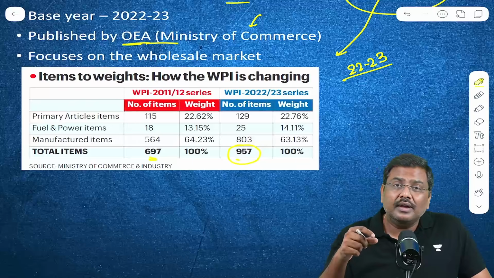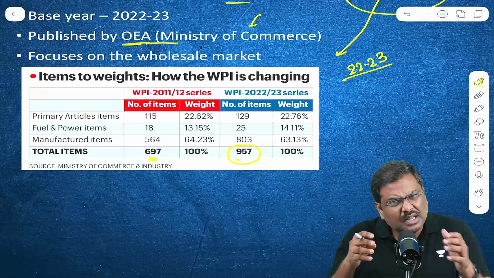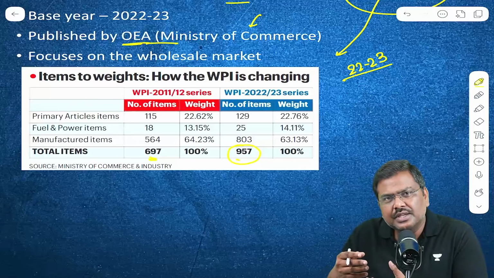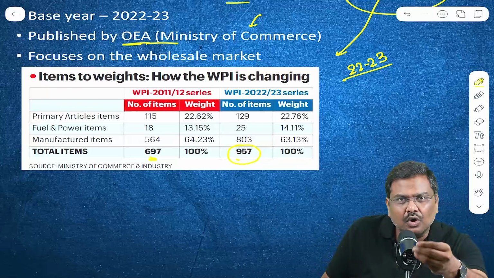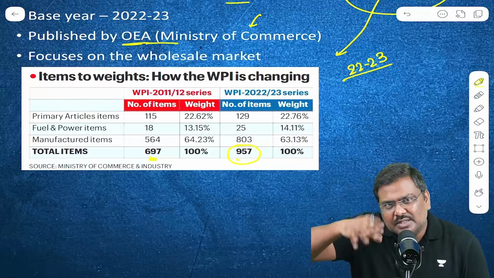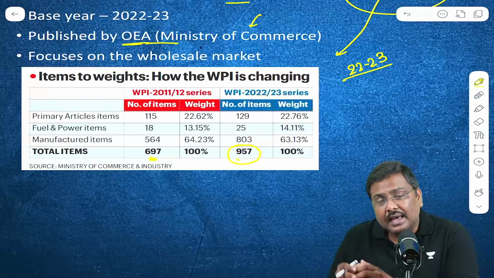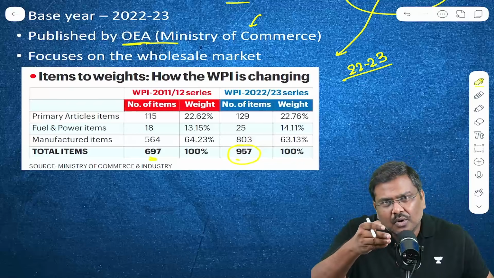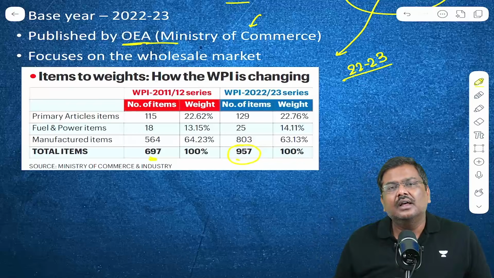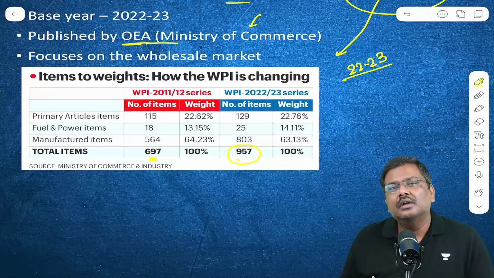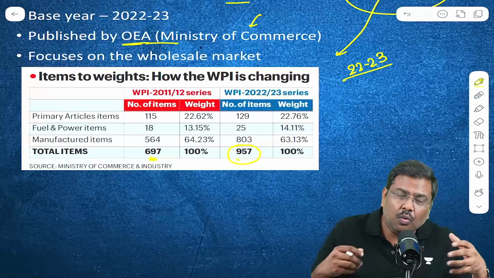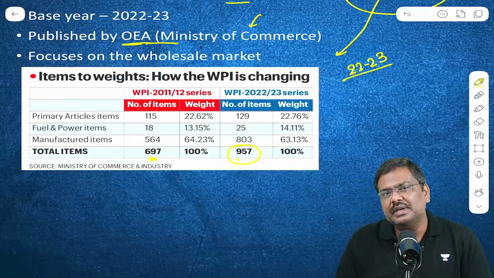What in reality will happen is some of the products, their usage would be over. The trading volumes would be negligible or not there at all in this particular, let's say, base year. As a result of that, those particular products are removed from the basket. And there are certain new products whose trading volume has been higher, or certain other products whose volume has increased compared to the last base year.